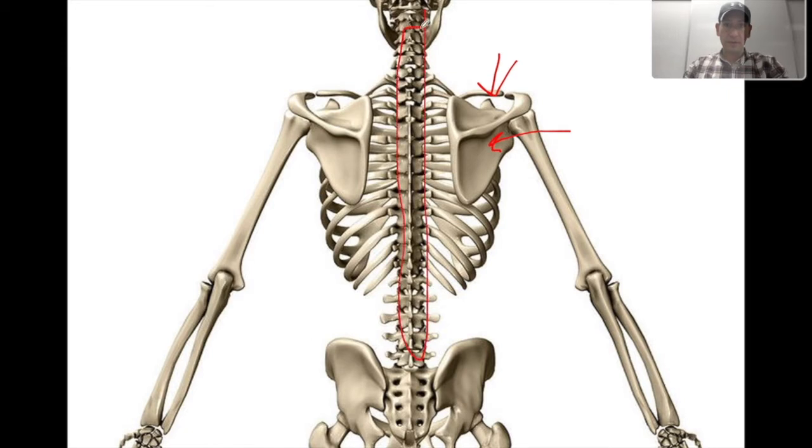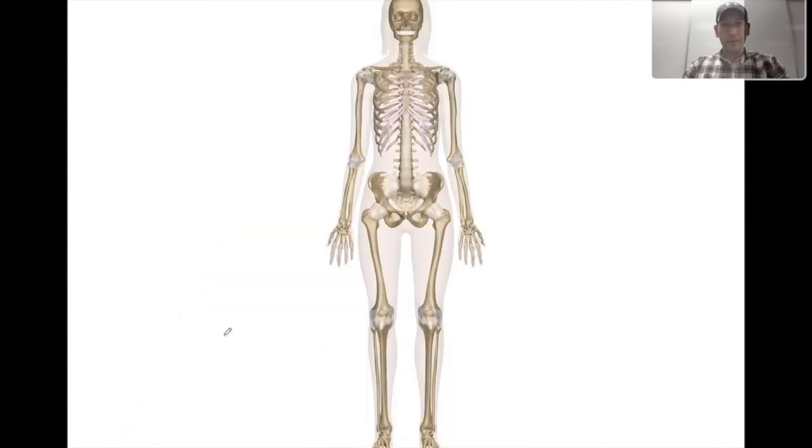How about the vertebral column? Axial. The ribs are axial. The sacrum and coccyx, axial. The arm bones, appendicular. And that really takes care of all 206 bones. Now you should be able to put all 206 bones into one of those two subdivisions, axial or appendicular.